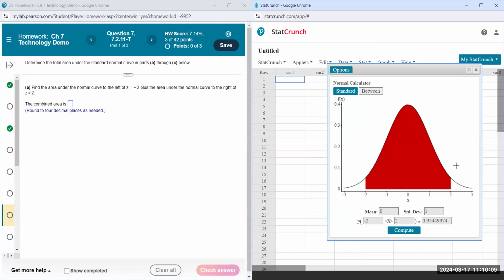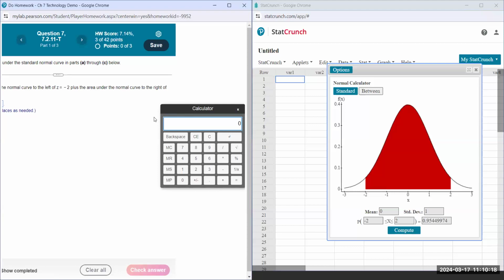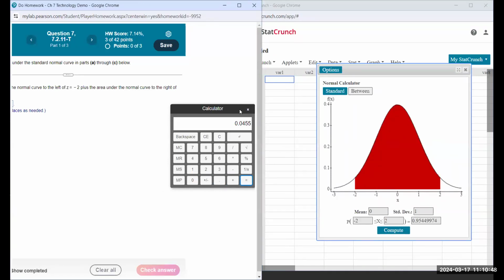But if we know that this is 100%, then what we can do is take this area from 1, which is 100%, subtract 0.9545, and that gives me the remaining area. So put that in here.